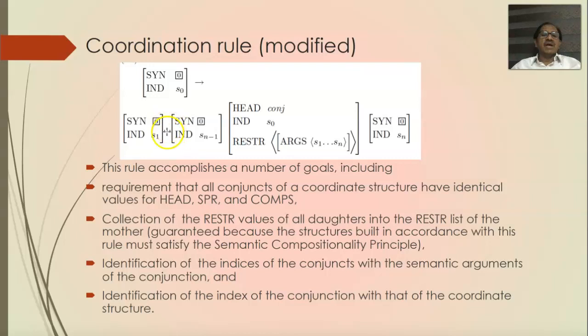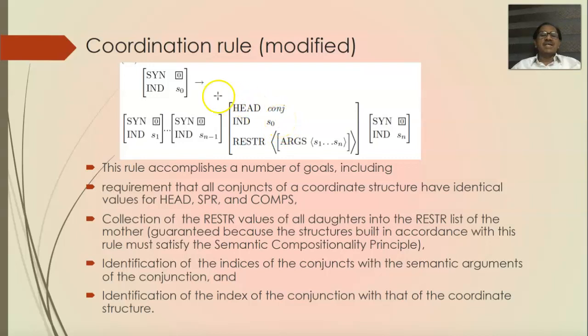Similarly, you have another conjunct with O and S2, a third one with O and S3, till we have Sn minus 1, where n is the maximum number of conjuncts. So the last one, even the Sn minus 1 conjunct, has the same syntax as the coordinate phrase. And then we have the conjunction, with head value conjunction and index value S0.